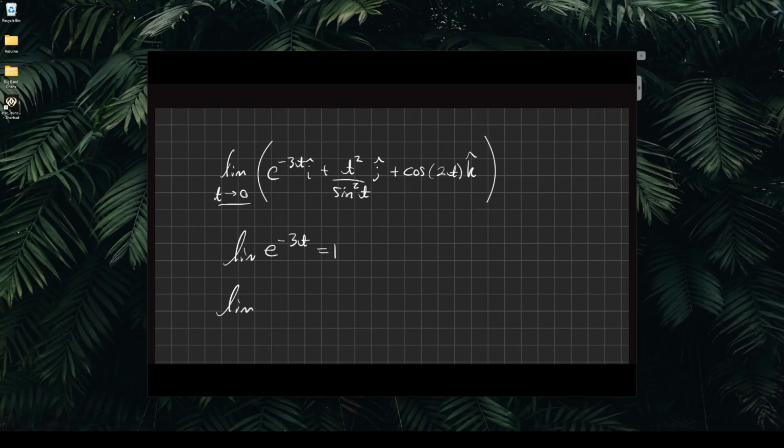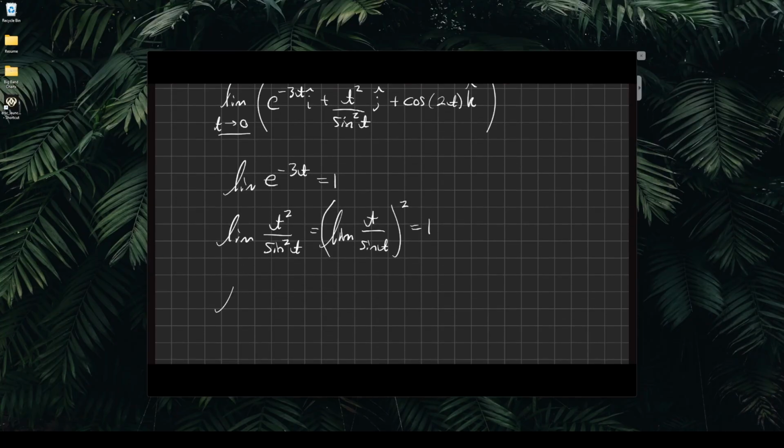Okay. And then we have the limit of t squared over sine squared t. So if we sub in sine of 0, this would give us 0 over 0, undefined. You can use L'Hopital's rule on this if you'd like, but we can also express this as the limit of t over sine of t, squared, and this comes out to 1.